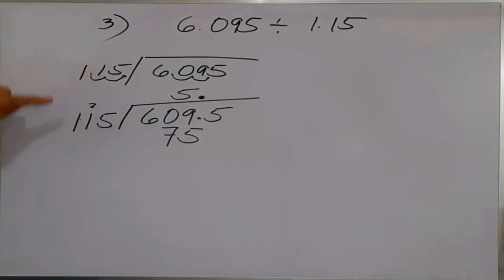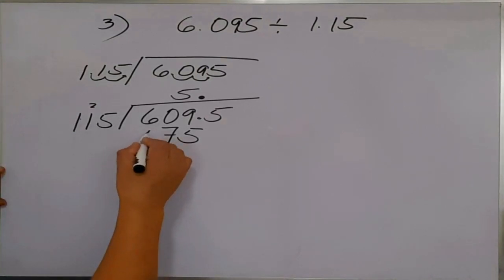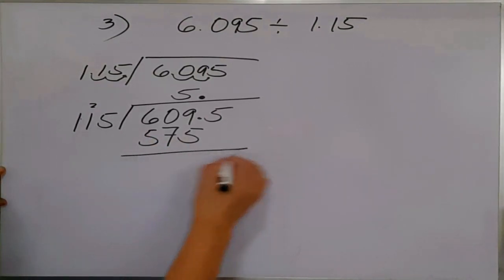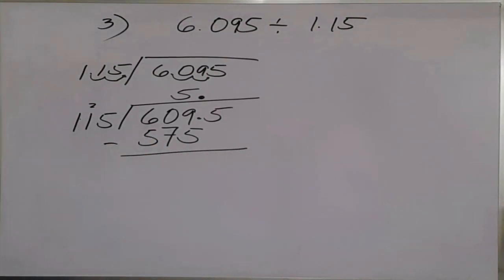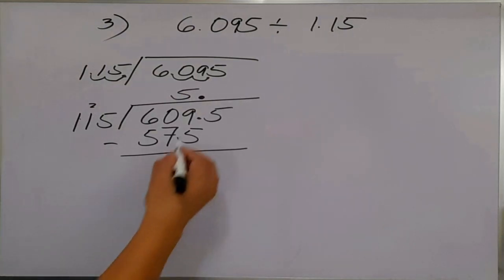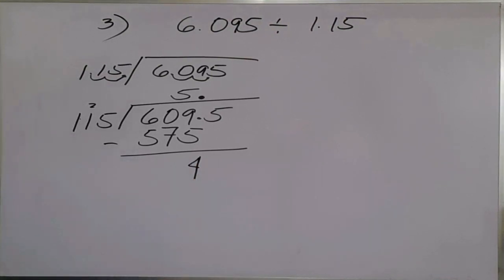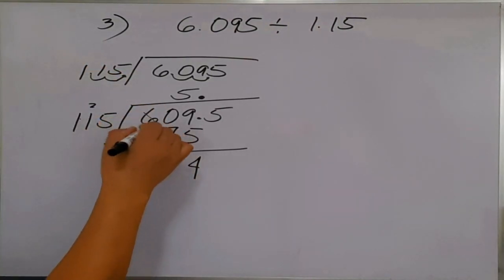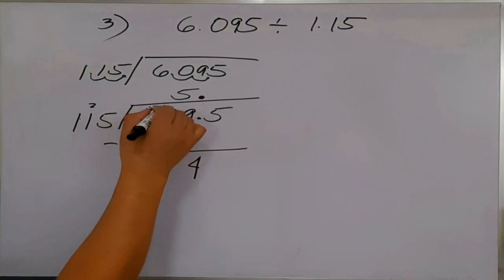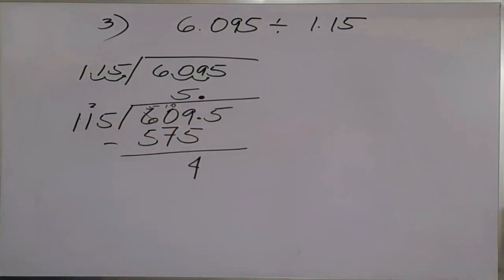And then 5 times 1 is 5. Then we subtract. 9 minus 5 is 4. 0 minus 7 cannot be. So we borrow 1 from 6. That becomes 5. And this becomes 10. 10 minus 7 is 3. And 5 minus 5 is 0.